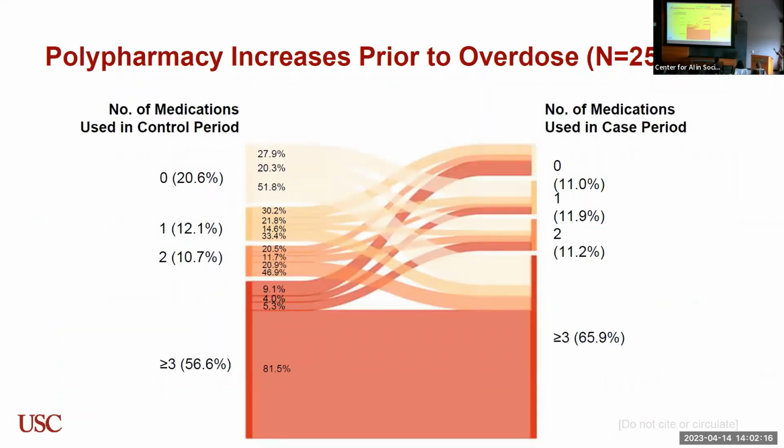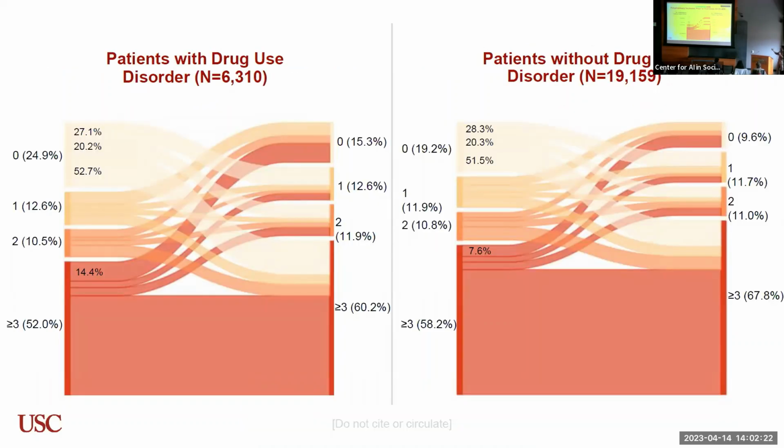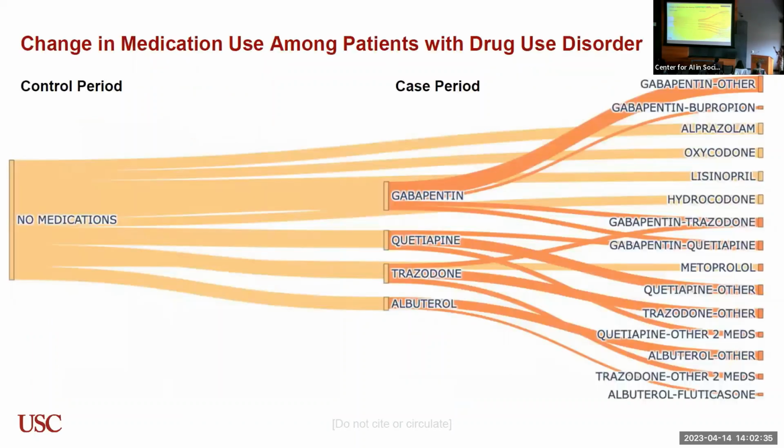One such result was that polypharmacy increases prior to an overdose. If we look at the overall patient data set, and also at patients who had a drug use disorder, the number of patients using more than 3 drugs is greater than 60% in all 3 cases. We also did a sub-analysis on patients who had a drug use disorder but did not use any medications in the control period, that is 1 year prior to the overdose event.